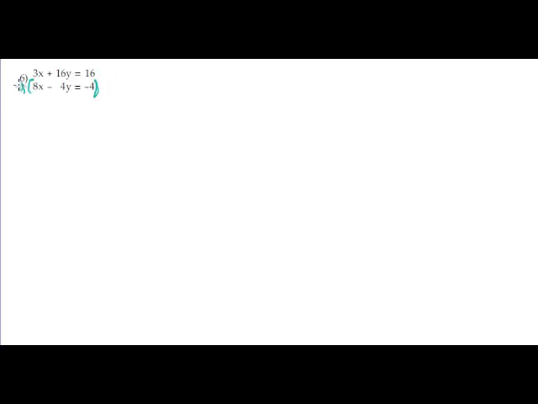So multiply this by a positive 4, which means we need to distribute: 32x minus 16y equals -16. I'm going to go ahead and rewrite the top equation here, and see what cancels out. 32x plus 3x is 35x.